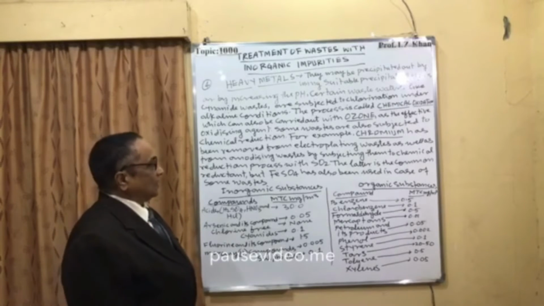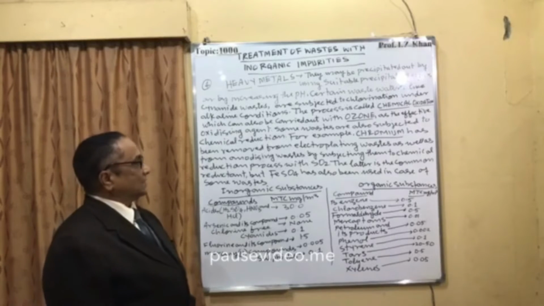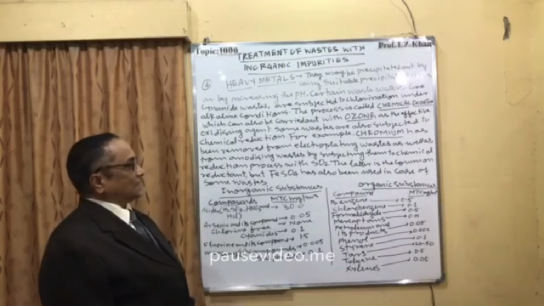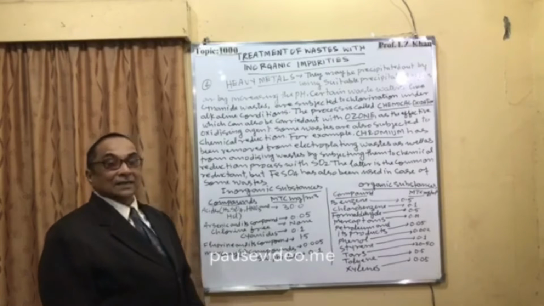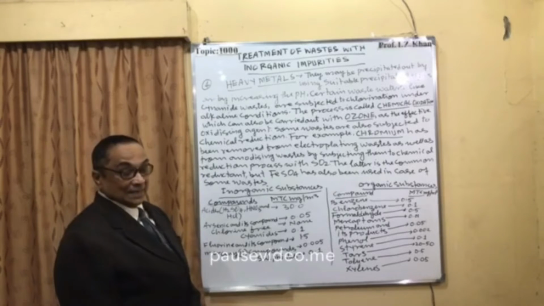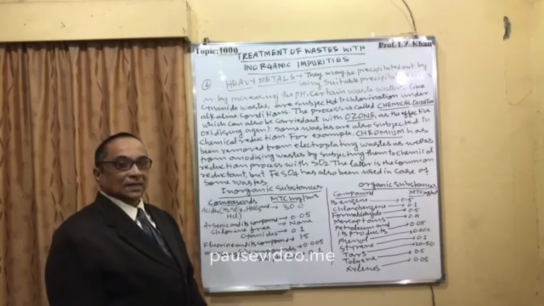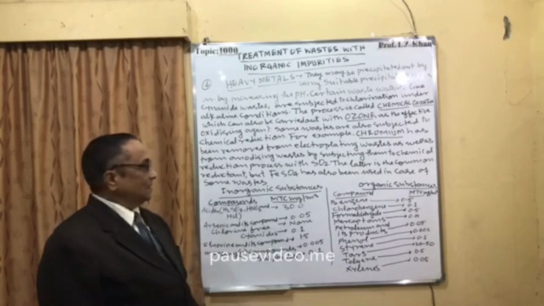For example, chromium has been removed from electroplating waste as well as from anodizing waste by subjecting them to a chemical reduction process with sulfur dioxide. So in the electroplating industries, they are reduced, and the reducing agent used is sulfur dioxide.